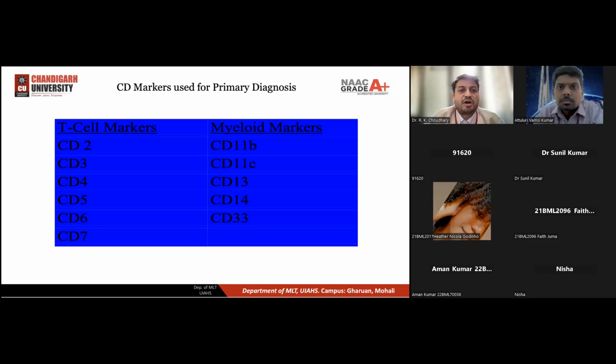So these are some markers for T cells. This is the myeloid cell markers. We also have the B cell markers. So based on markers, we have the panel, and now you can use any panel. CD2, CD3, 4, 5, 6, 7 are T cell markers. Myeloid markers are like CD11B, 11C, 13, 14, and 33.